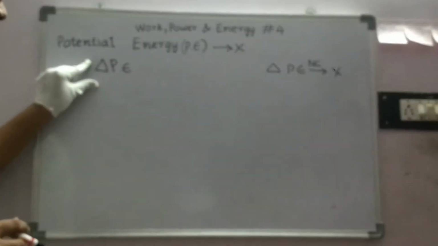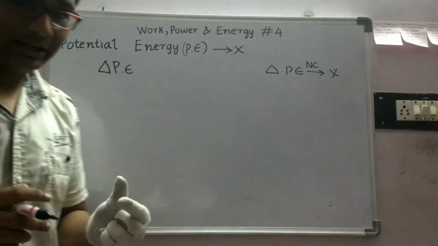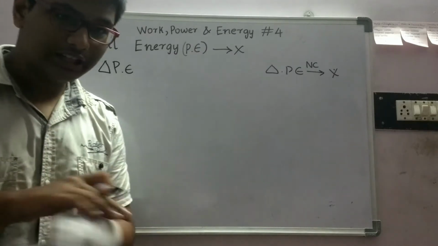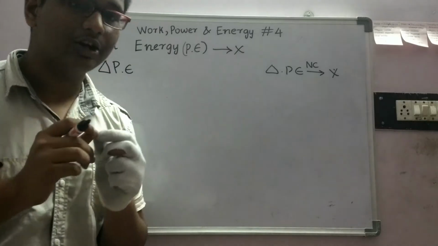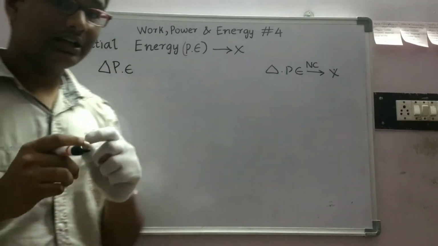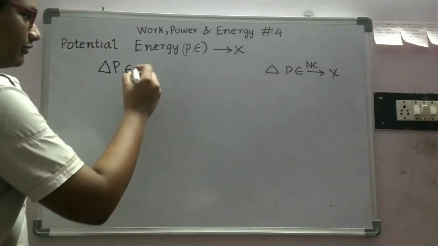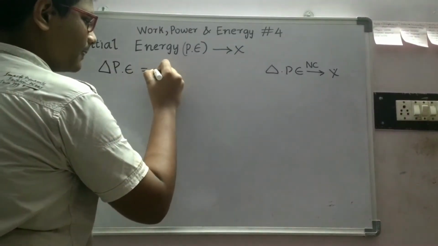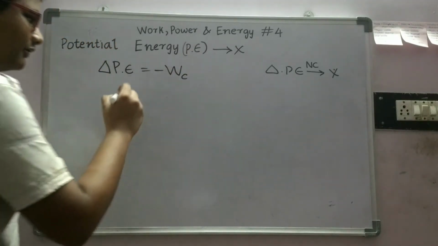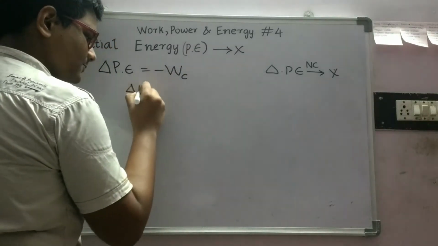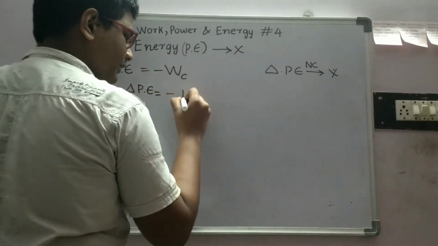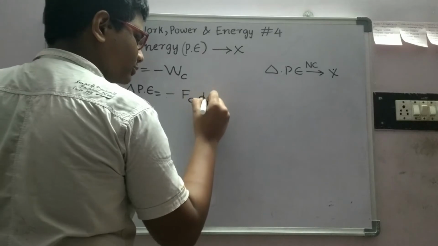And the change of potential energy is nothing but negative work done by conservative forces. We must not include all the forces, we must include only conservative forces. Change in potential energy is nothing but negative work done by conservative forces. That means we can write this as, this is conservative force.